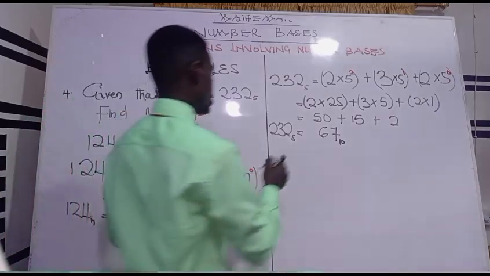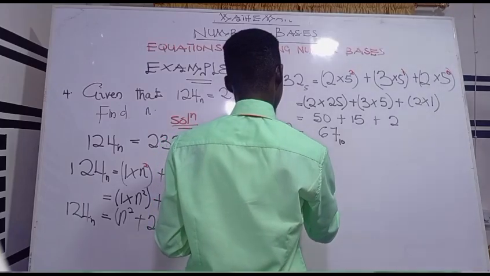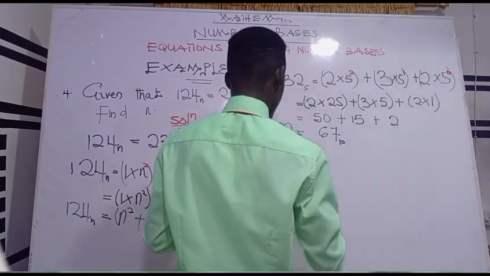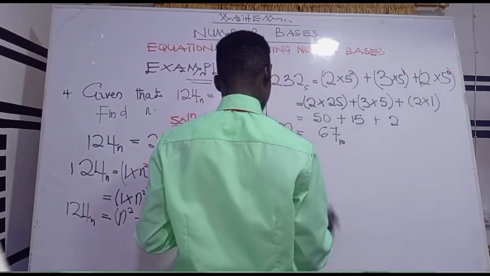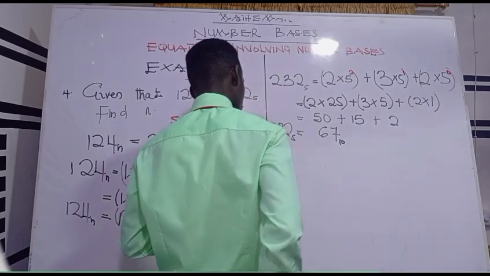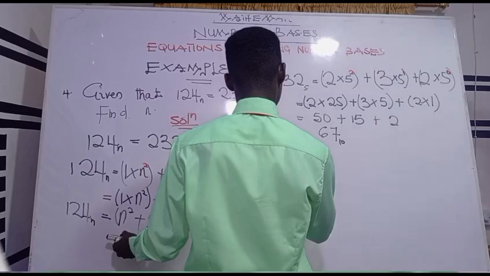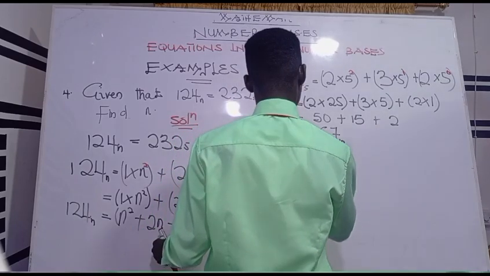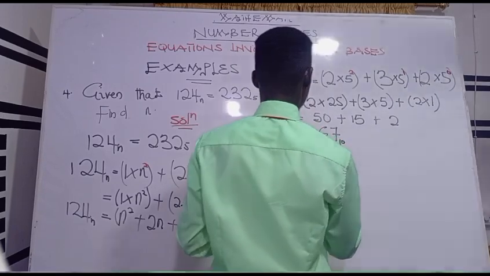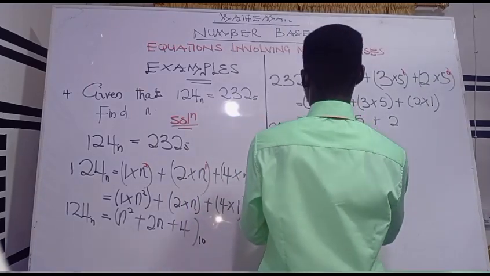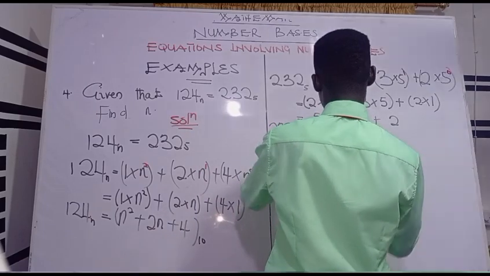So we have this to be this. So let's write this. We have n squared plus 2n plus 4 is equal to this one also gives us 67.